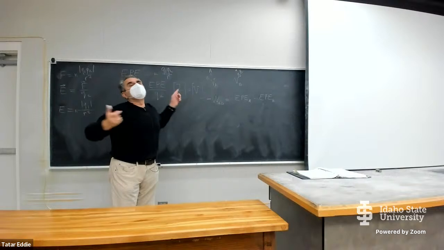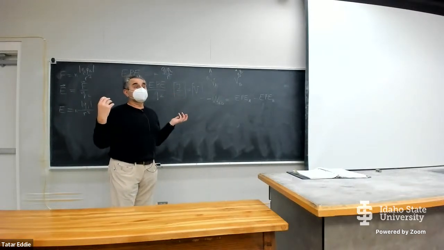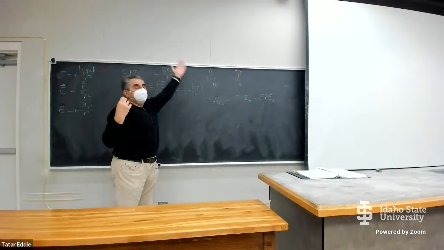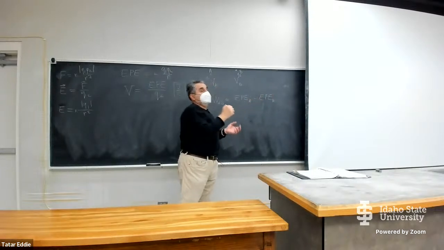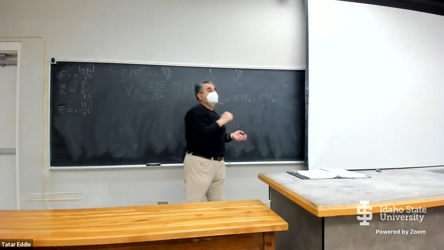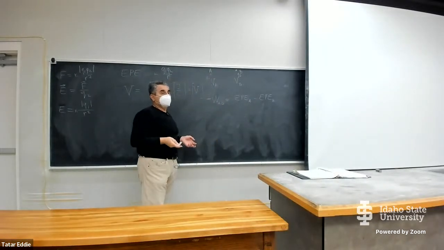So this is the origin of this negative sign. You're calculating the work of a different force. So if you calculate the work of the electrostatic force against the external force, that work is going to come out negative, right?